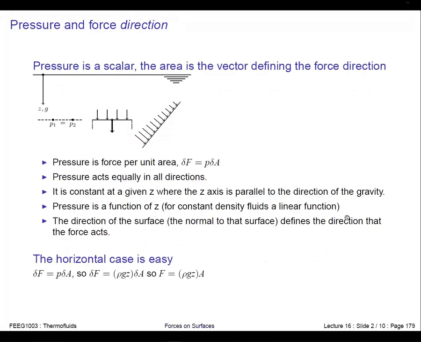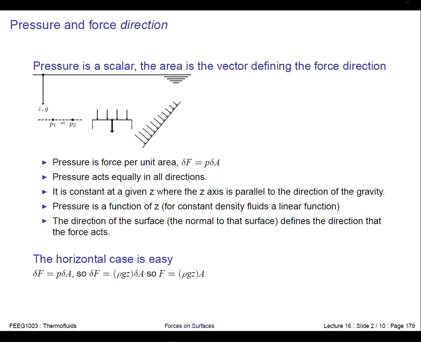Okay, just to remind ourselves about force and pressure: force is a vector and pressure is a scalar. So if we've got an equation that says delta F is equal to P delta A, delta A must be a vector.